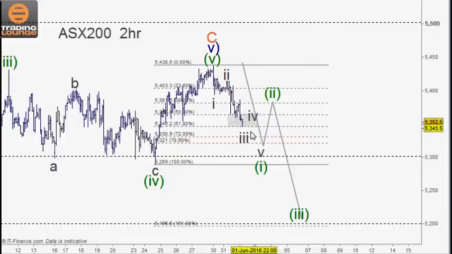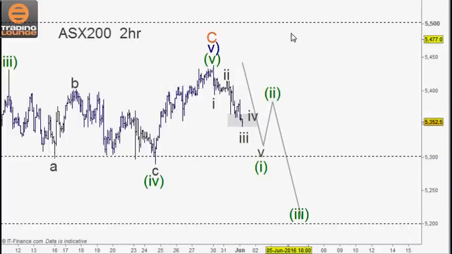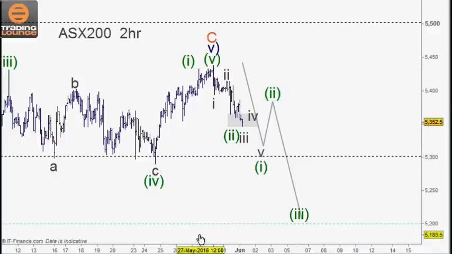and this 61.8% mark where the market is now. Let's just say, for instance, that I was totally wrong. This would be wave 1 from this low here, and then this would be wave 2 coming into here. So that's at the 61.8% mark.